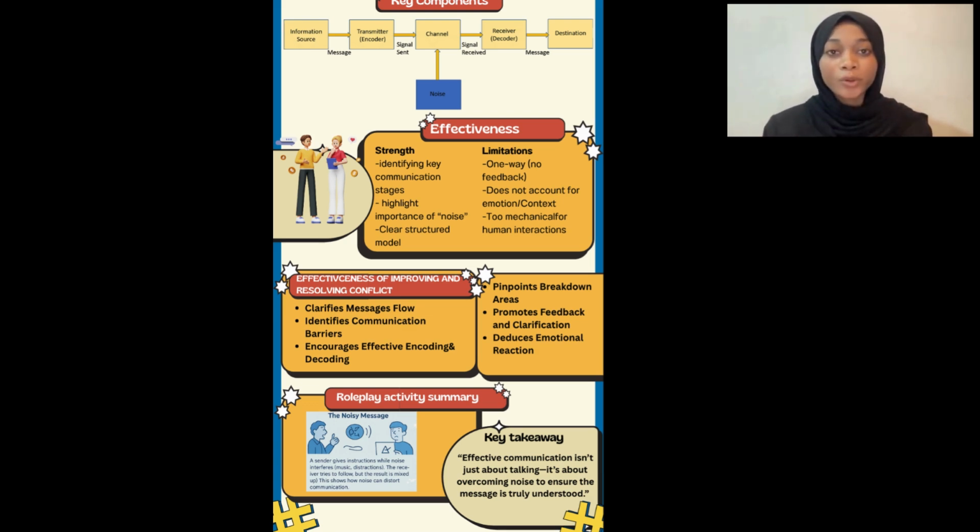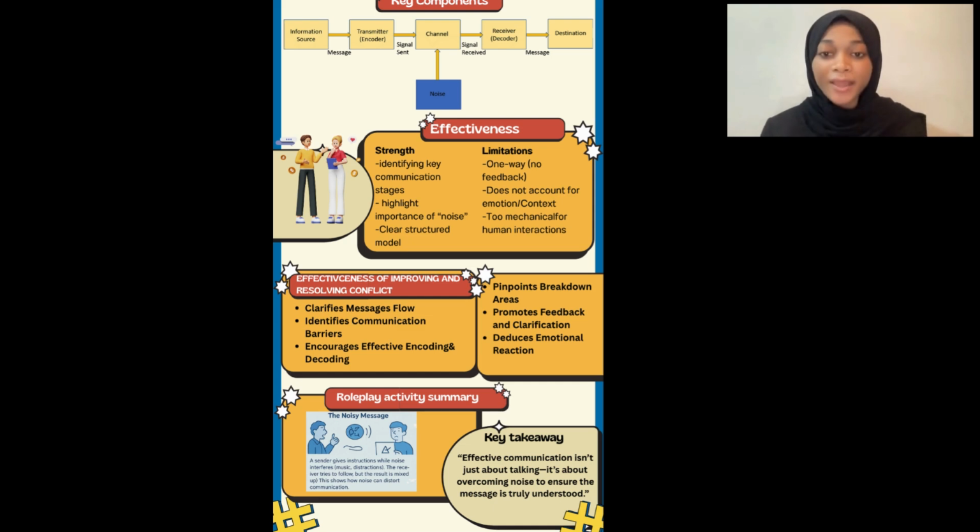So, in a hospital, the doctor is the sender and the nurse is the receiver. The doctor gives instructions, for example, about how to treat a patient, which medicine to give, or what care to provide. And the doctor sends the message by talking or writing.